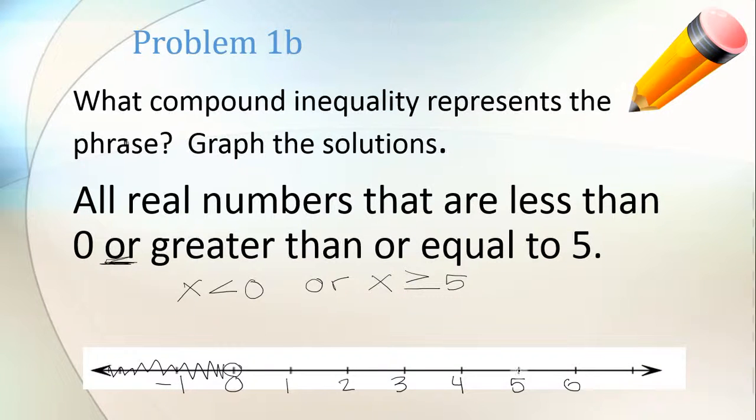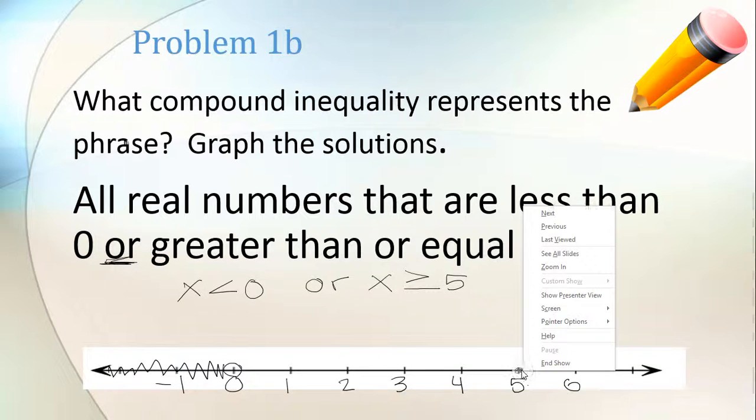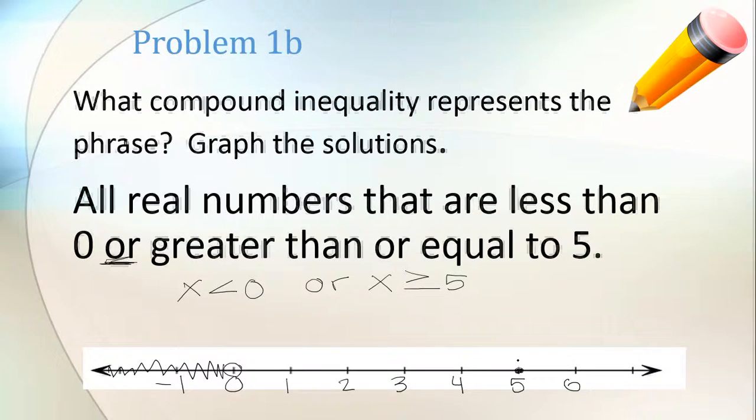So at 5, I'm going to have a closed dot. There you go. And I'm going to shade this way. So if you notice, an "or" goes away from one another. That's always going to happen. So an "and" went together. An "or" is going to go apart from one another. They're going to go different directions. That's always going to happen on an "or" inequality.